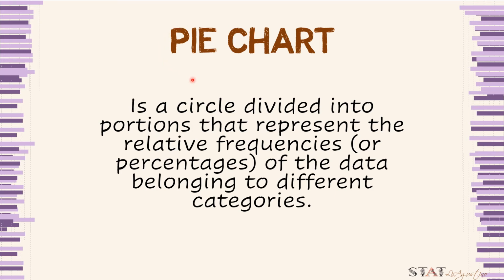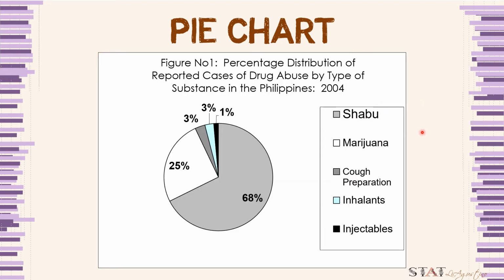So usually the pie is shaped as a circle, right? So it is called a pie chart because it is a circle divided into portions that represent the relative frequencies or percentages of the data belonging to different categories. So this is an example of a pie chart.